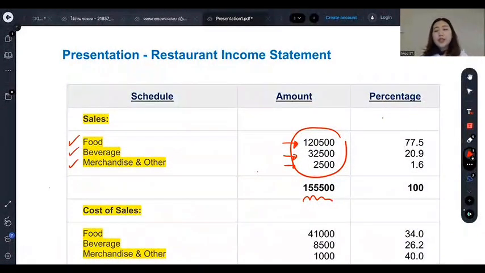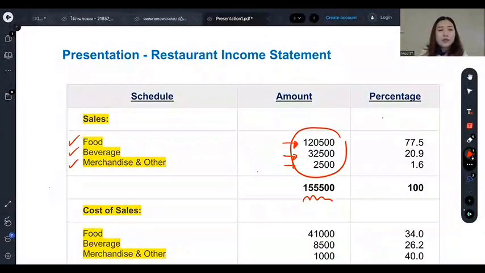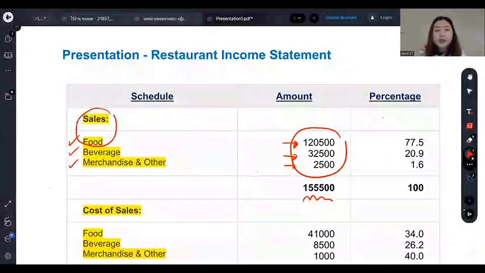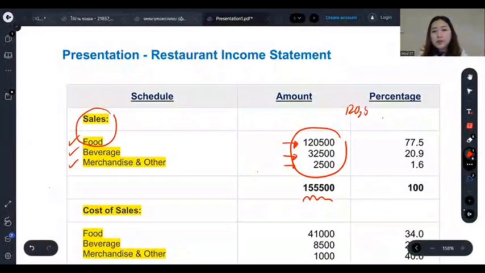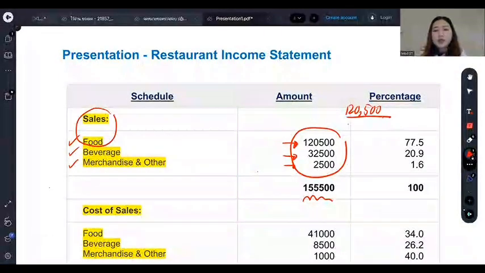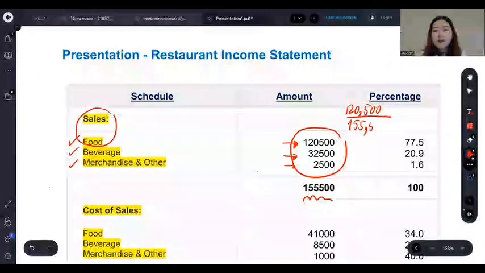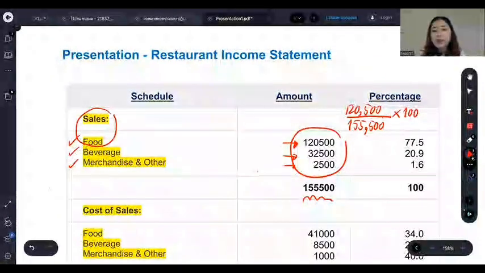And then to get the percentage of the food sales, we can use the amount of food sales, which is 120,500, divided by the total sales, which is 155,500. After that, multiply by 100.